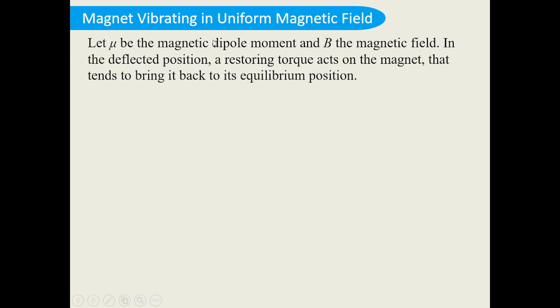Let mu be the magnetic dipole moment and B be the magnetic field. In the deflected position, a restoring torque acts on the magnet that tends to bring it back to its equilibrium position. What is the magnitude of this restoring torque?